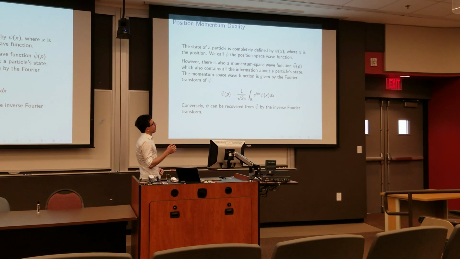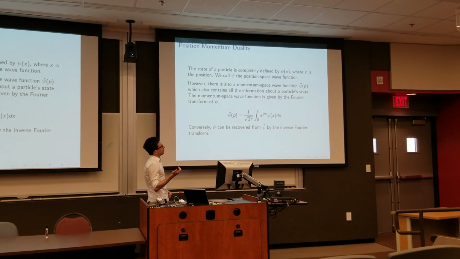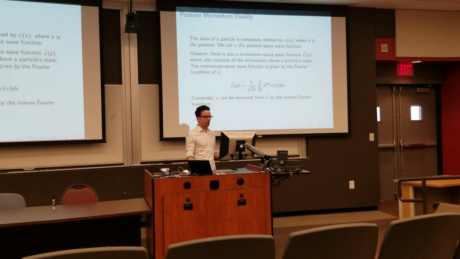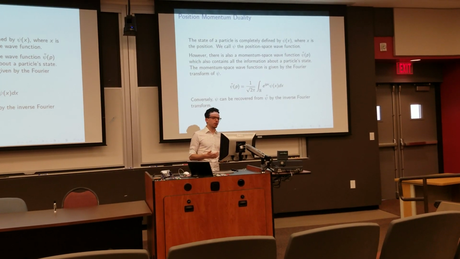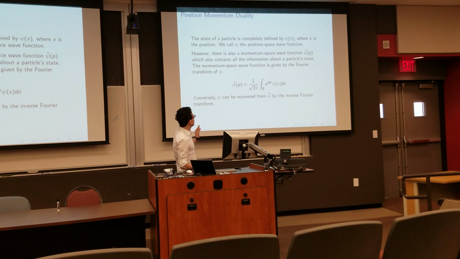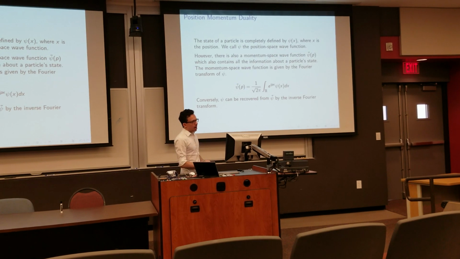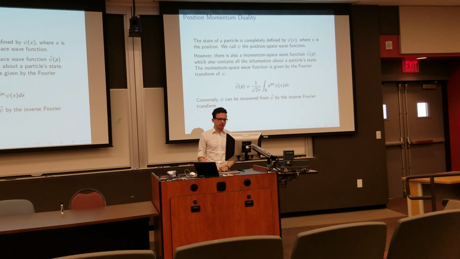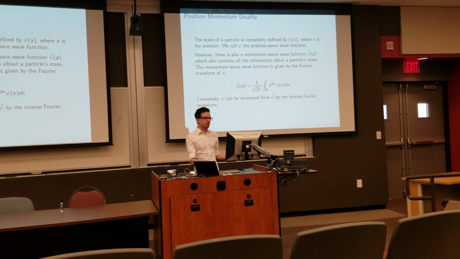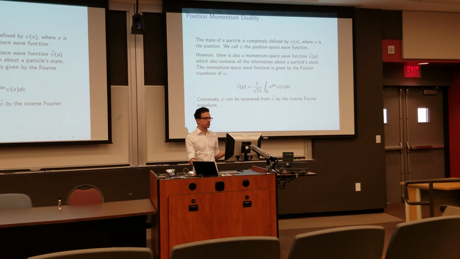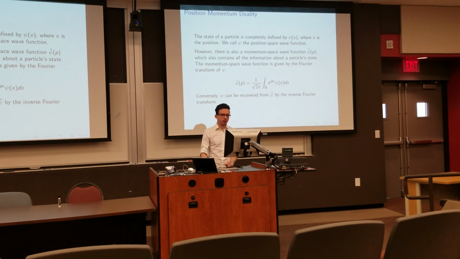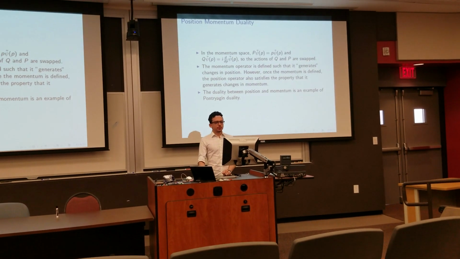Given a state in the momentum space, we also know everything about a particle, and we can go back and forth between the position space and the momentum space with a Fourier transform of our state. That's the formula: given a position space wave function, we can get the momentum space wave function, and vice versa with the inverse Fourier transform.